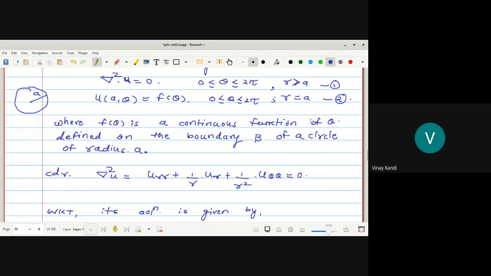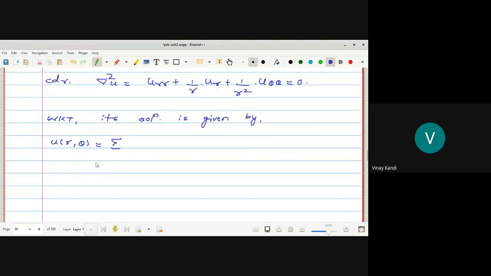So we have u of r theta is equal to summation n running from 0 to infinity of c n into r raised to n plus d n into r raised to minus n, into a n cos n theta plus b n sin n theta. Give it as equation number 3.